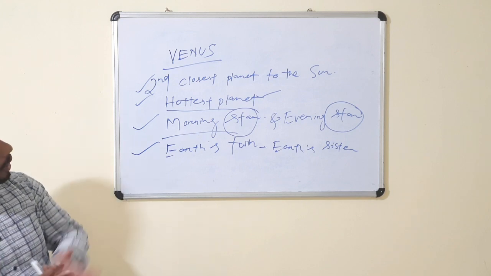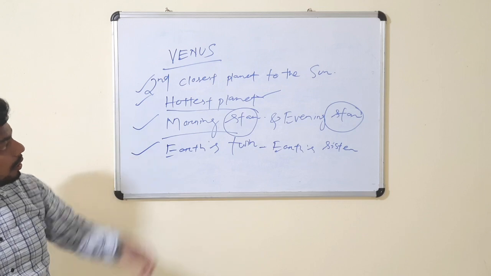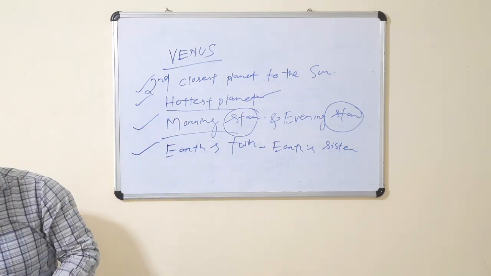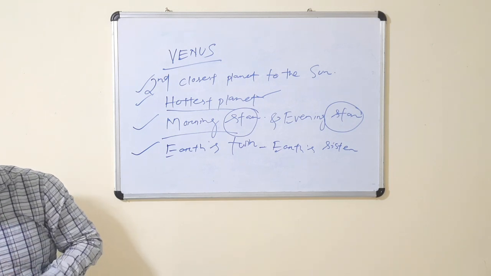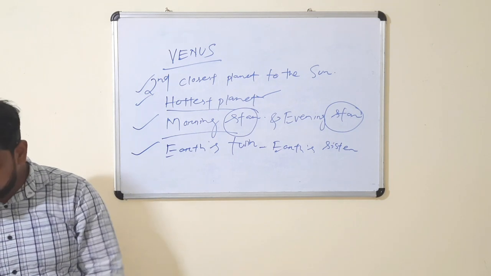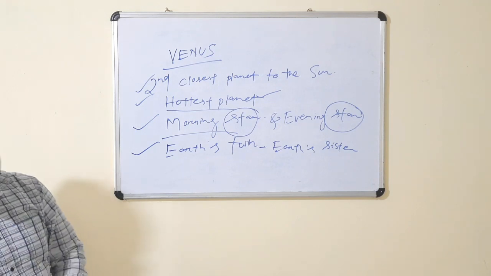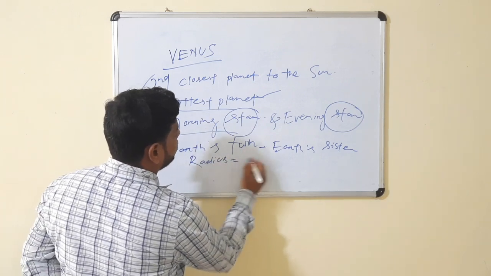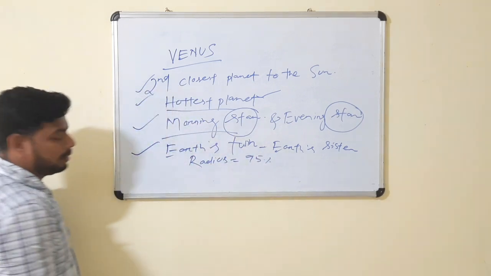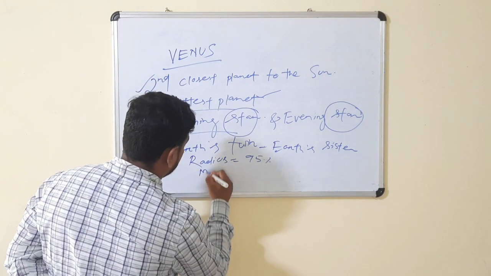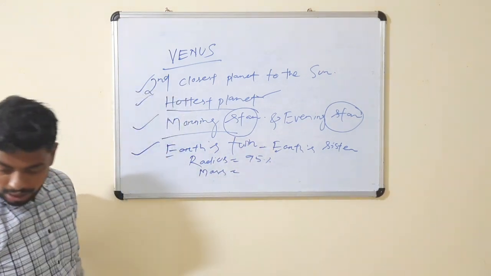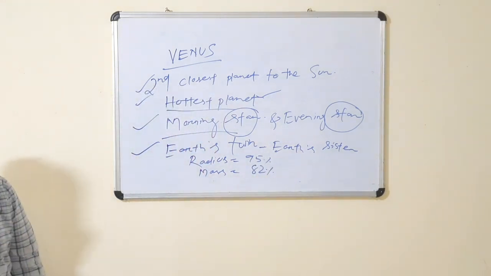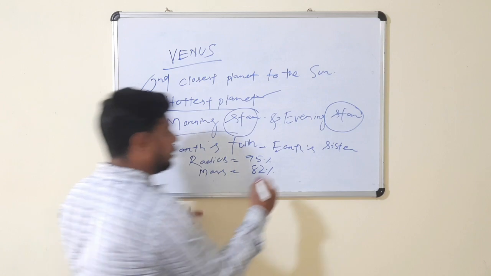Okay. So it is the second planet from the sun. It is the hottest planet. It is called the morning star and evening star. It is also called Earth's twin because of its similar size and density. In fact, its radius is 95% of the Earth's. Venus's mass is around 82% of the Earth's.